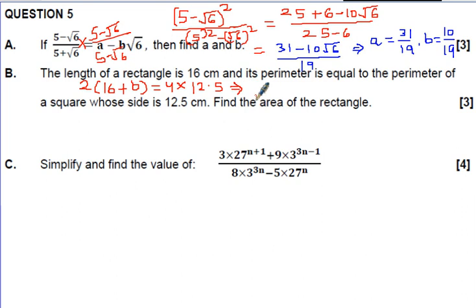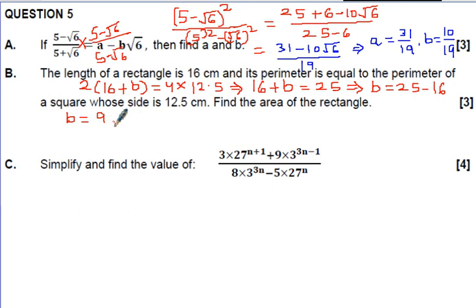Now it will give you, you can send it to this side, so it will be 16 plus b. 2 will divide this side and 25. So your b will come 25 minus 16, or you can say b is 9.